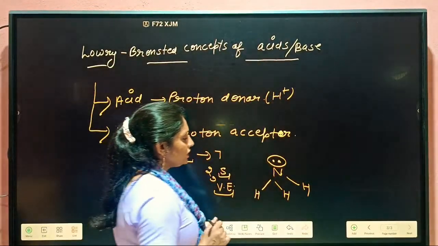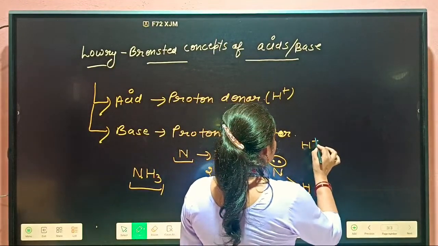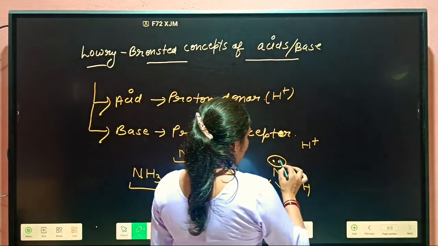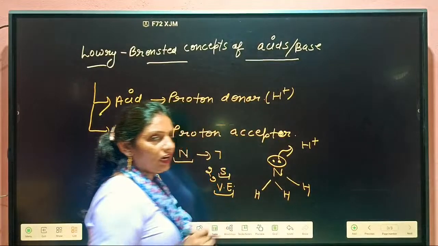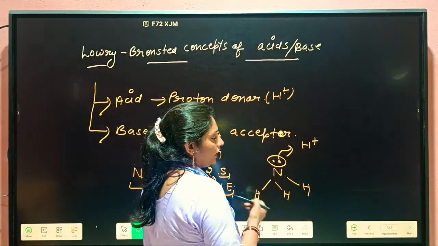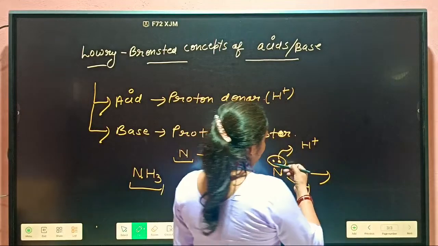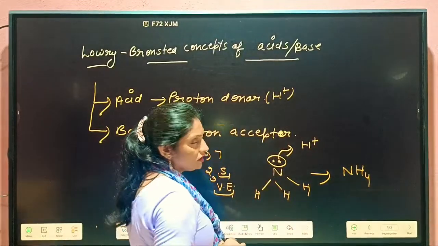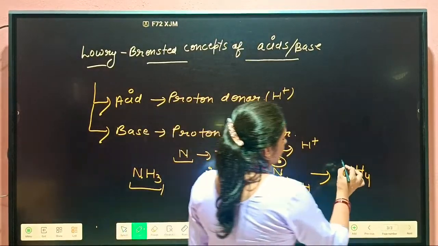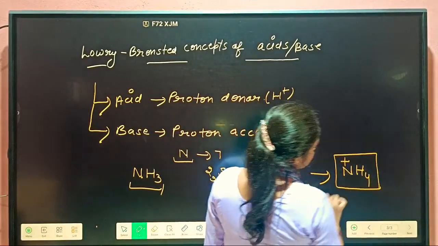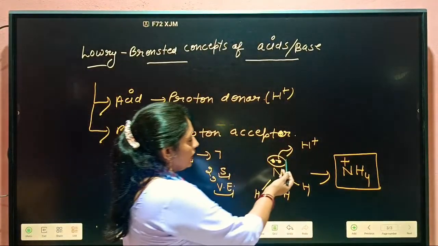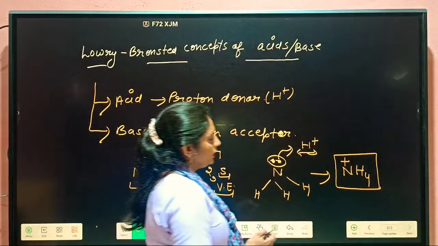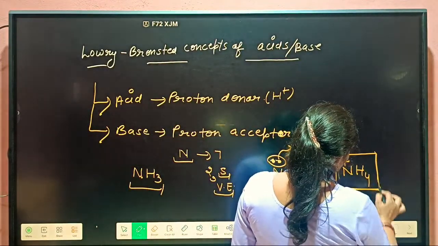Students, if we have H positive, then what may happen? This ammonia can give electrons to it because it has non-bonded electrons. Then NH3 can form 1 bond with H positive, giving NH4 positive, because this nitrogen is donating electrons. So you can see, this nitrogen is accepting this proton, so it is known as the base.